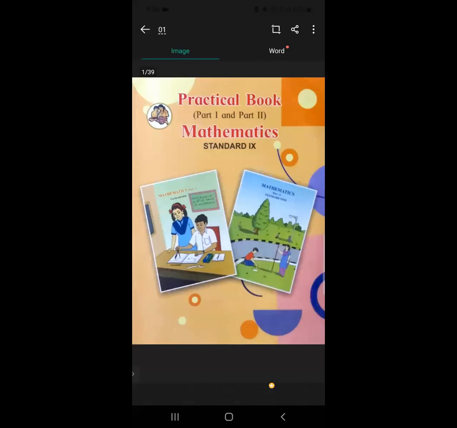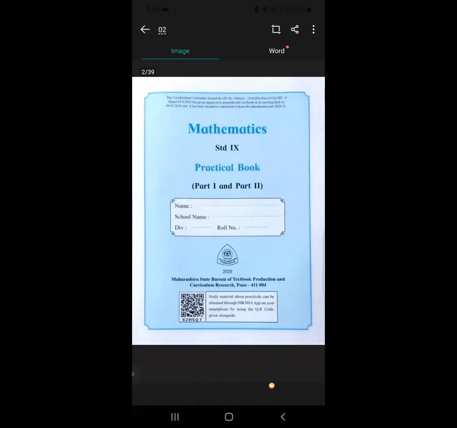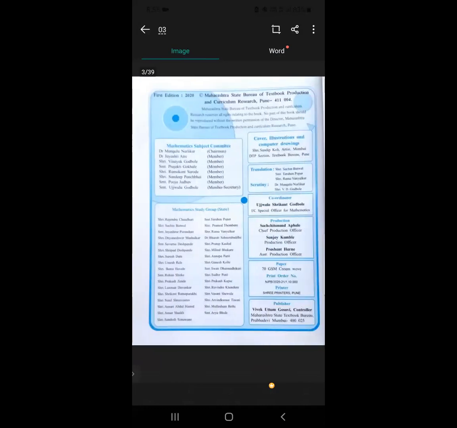Just for your information, again I am recalling the cover page. Here you can see the whole booklet I have taken as a PDF and I have solved, and I am going to explain the sums which are there in the practical as well as the sums after the practicals.